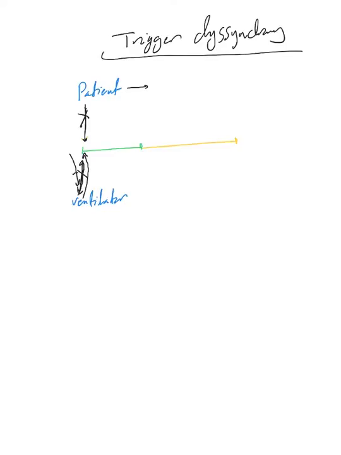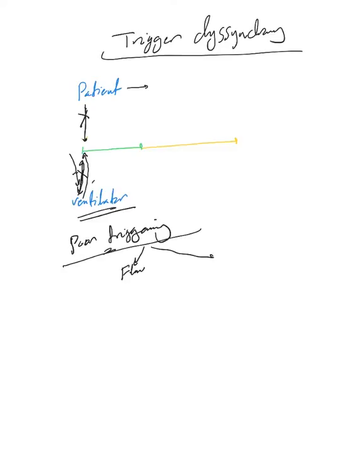So let's talk first about what we call poor triggering, which is the patient trying to trigger the ventilator, but the ventilator is not responding, as we explained. Remember, there is flow trigger and there is pressure trigger.